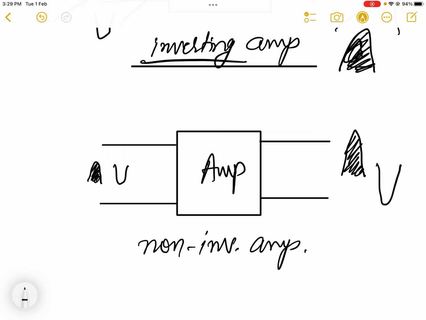But in inverting amplifier, the output does not follow the polarity of input signal, and it inverts, means it produces the opposite of input signal at the output. Hence, there are two types of amplifier which is said in our notes here: inverting amplifier and the non-inverting amplifier.